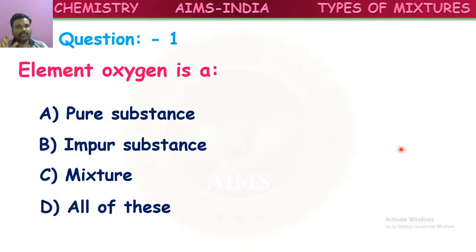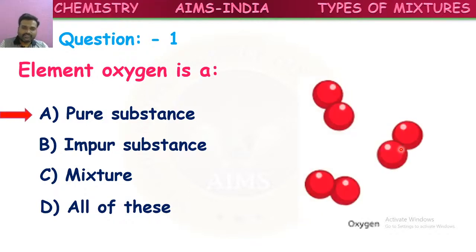If it is made up of only one kind of atoms, then it is said to be an element. So it is an elemental pure substance. Oxygen is made up of only one kind of atoms, and this element oxygen is made up of only one kind of molecule, the O2 molecules. Hence, it is a pure substance, not a mixture.